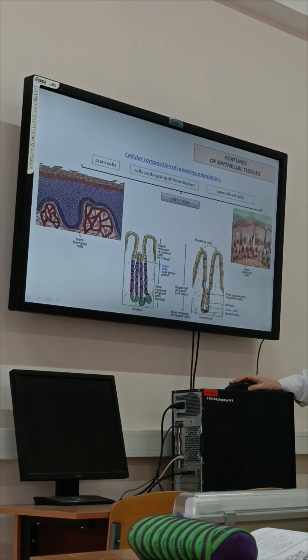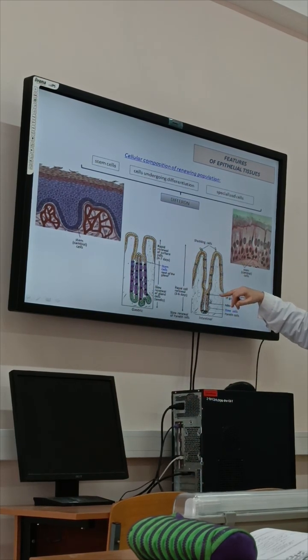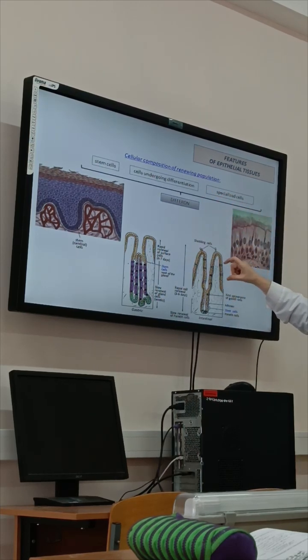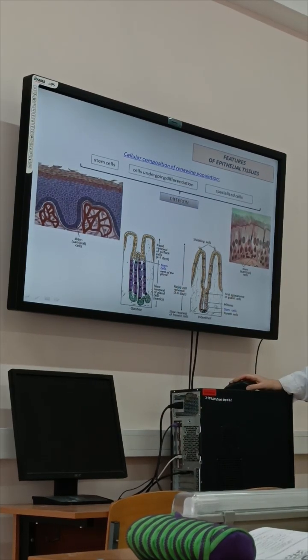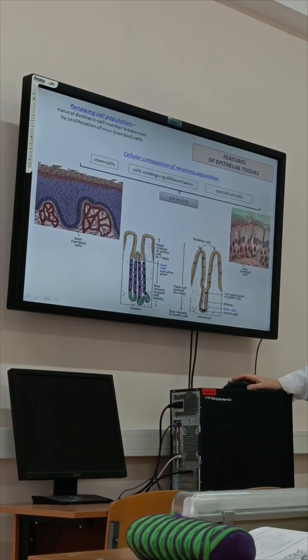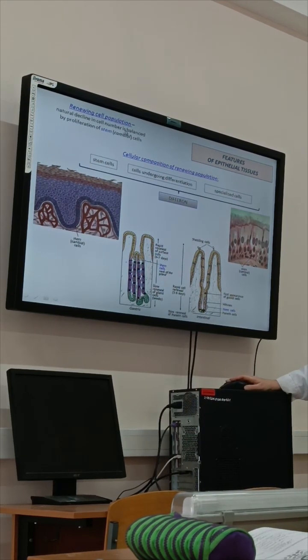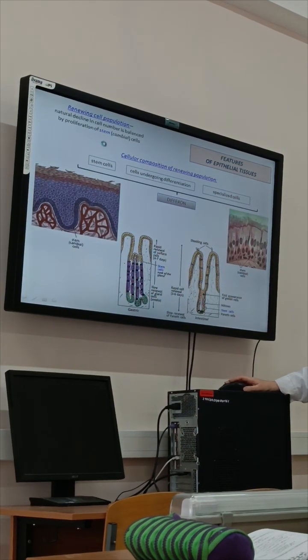And after that, cells migrate to the top of the villi. On this way, they differentiate and specialize. And after that, they die and are eliminated. The cell number in this population will be approximately constant.